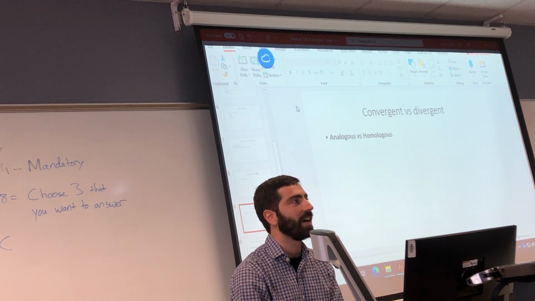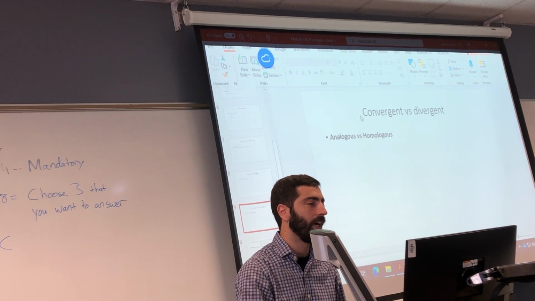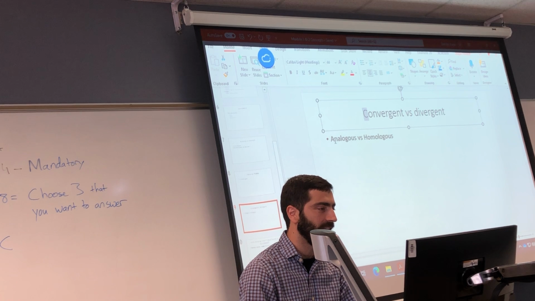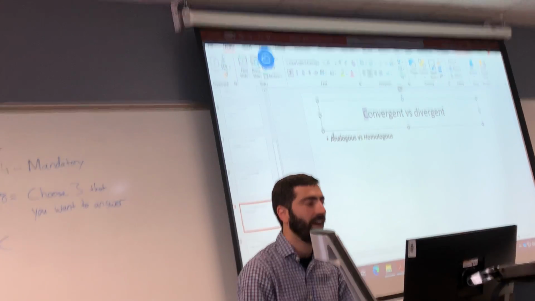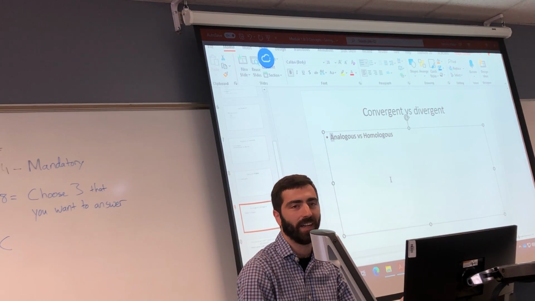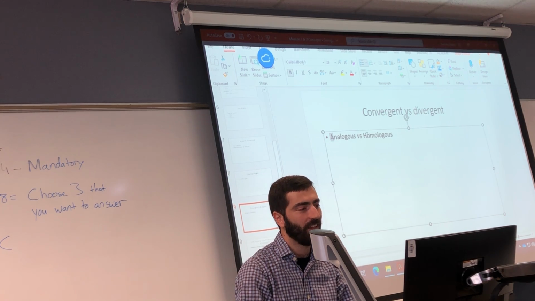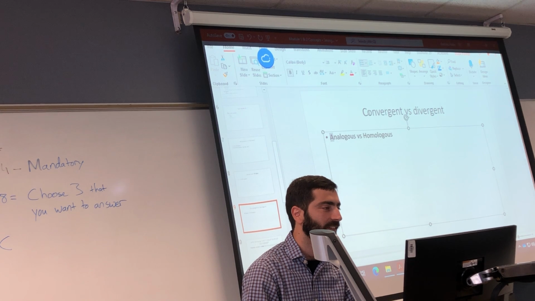Analogous traits are ones that have evolved through convergent evolution. One letter game that I always think of that helps me remember this: convergent appears first, analogous appears first, so A goes with C, H goes with D. If that works for you, then good.